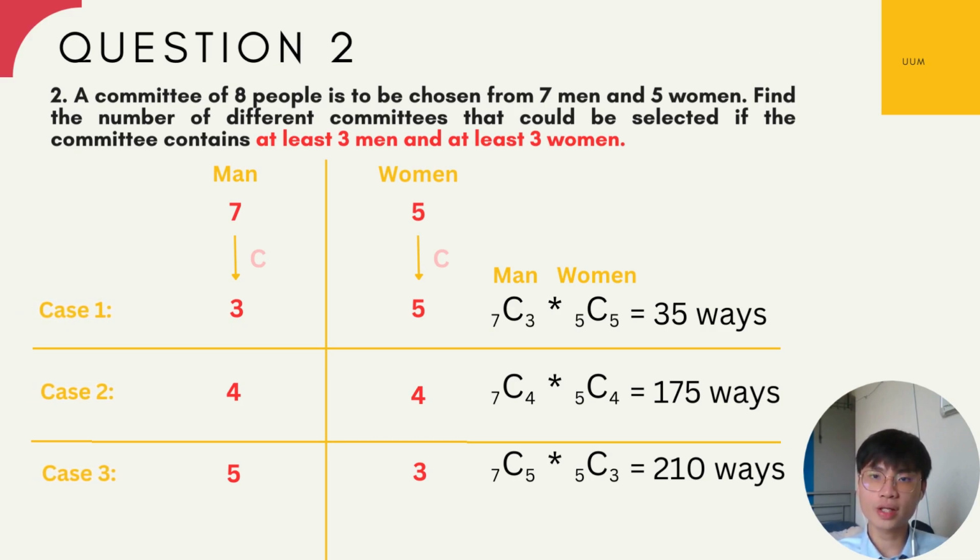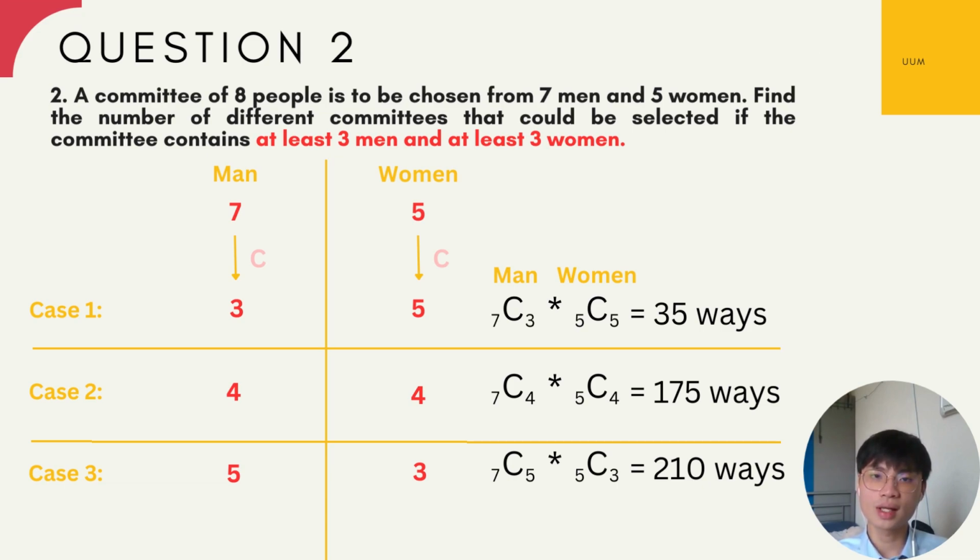We calculate all 3 cases by using the multiplication principle. For case 1, 7 combination 3 multiply 5 combination 5, then we will get 35 ways. For case 2, 7 combination 4 multiply 5 combination 4, then we will get 175 ways.